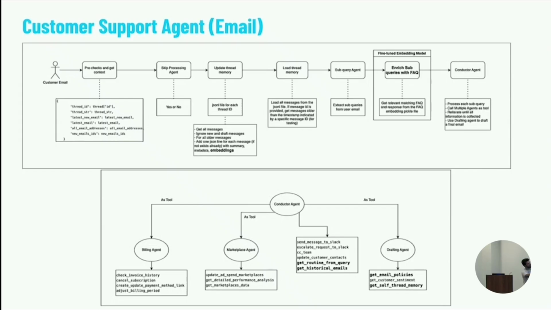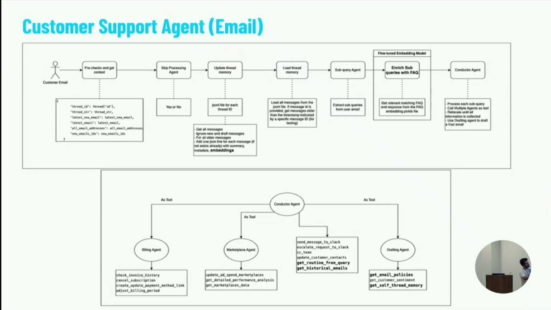So I'm enriching each subquery with the relevant FAQ using embeddings. One cool trick I'll show you in the next slide is to have multiple questions pointing to the same answer, so that you increase the probability of extracting the right question for a relevant query and get the response from there.